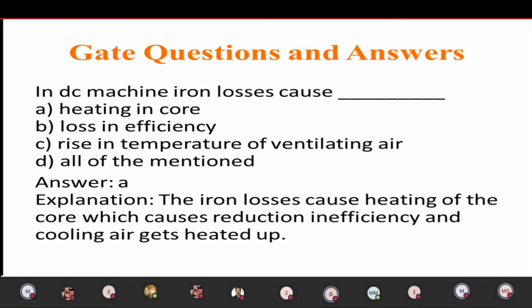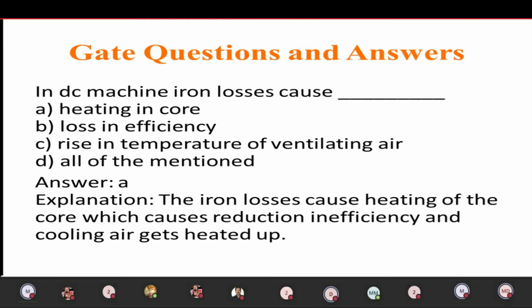So the iron loss causes heating of the core. The core is made up of iron material, so the iron loss also plays an important part in the production of heat. These losses make the machine temperature rise.